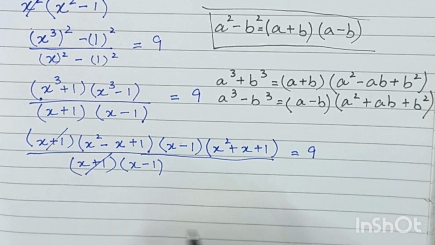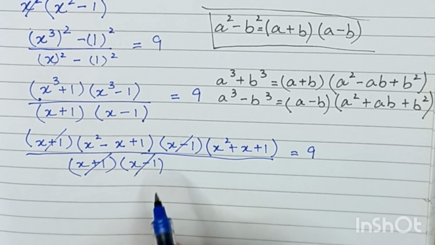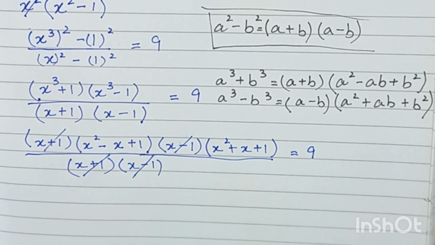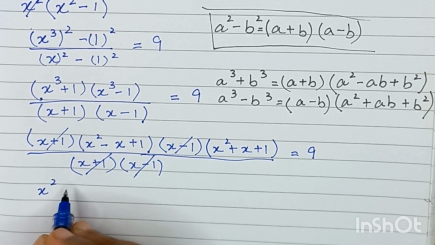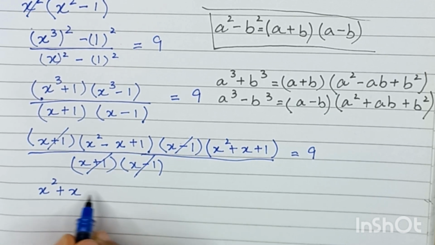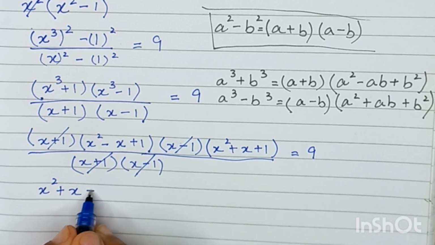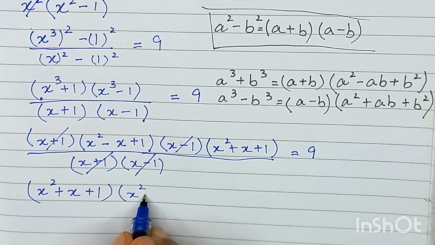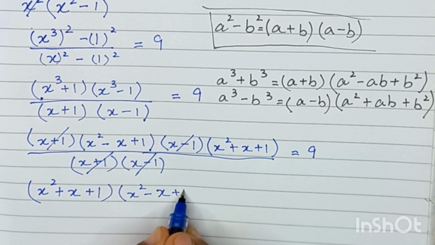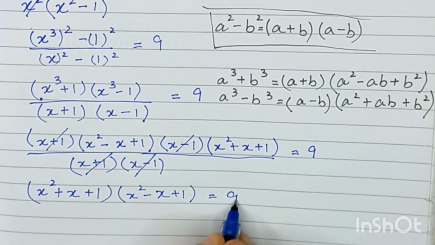So x + 1 and x + 1 will cancel out, and x - 1 will be cancelled out. So we have remaining here (x^2 + x + 1)(x^2 - x + 1), which is equal to 9.